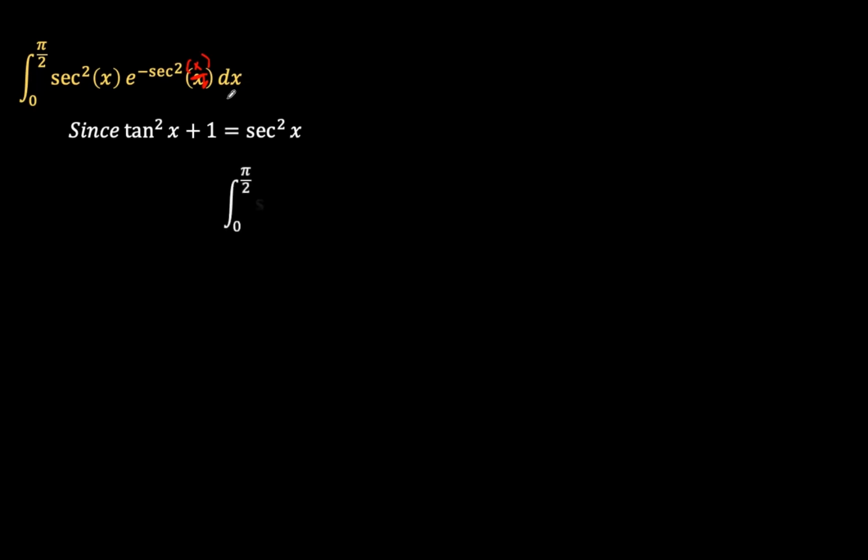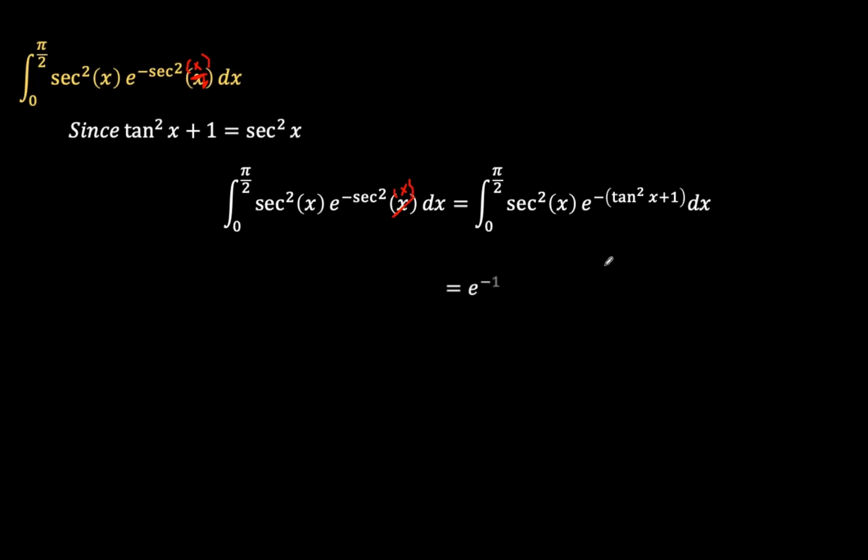So what that means is that for this problem, since this x is in the power, we'll replace sec squared x with tan squared x plus 1. And using the rules of exponents, we can pull out e to the power negative 1, and then we're left with sec squared x times e to the power negative tan squared x.